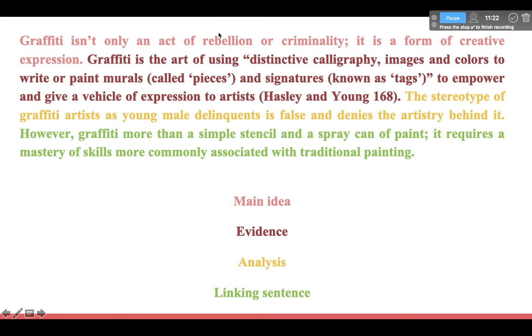So here I have a color-coded version of the paragraph I just read. We have our main idea, or our topic sentence. We have our evidence, and this evidence is a quote from a source by authors named Hasley and Young. We have an explanation of that evidence, or an analysis of that evidence, and then we can link this paragraph to the upcoming paragraph.